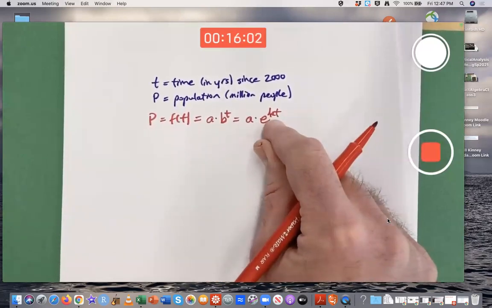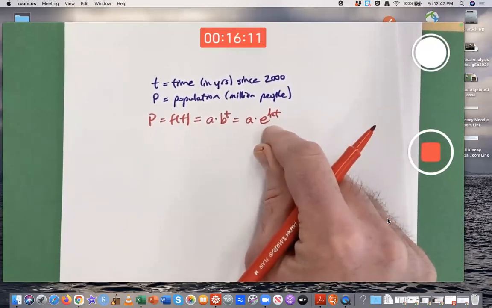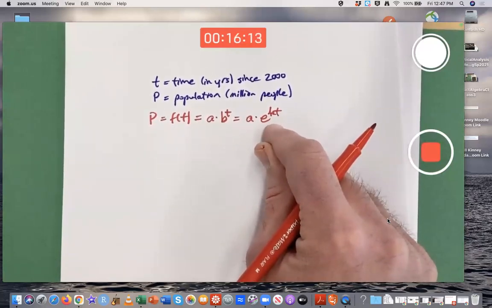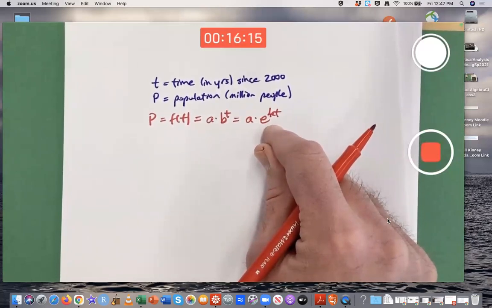K is a continuous percent rate of change, but because it's continuous, it's a little harder to interpret. However, this does have the benefit of being nicer for calculus, you might say, because it's easier to take the derivative of when we get to taking derivatives.